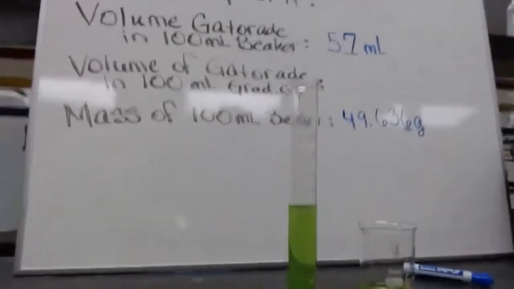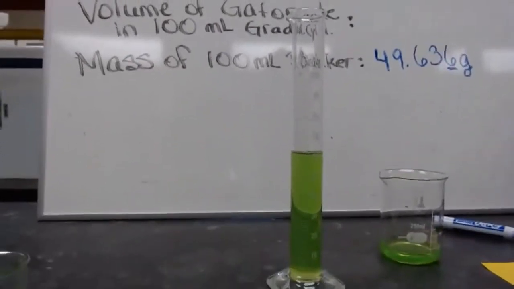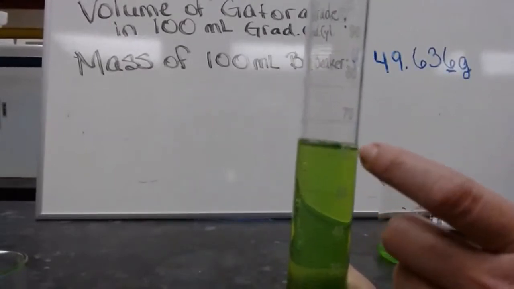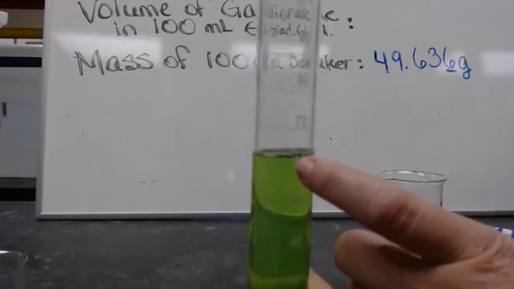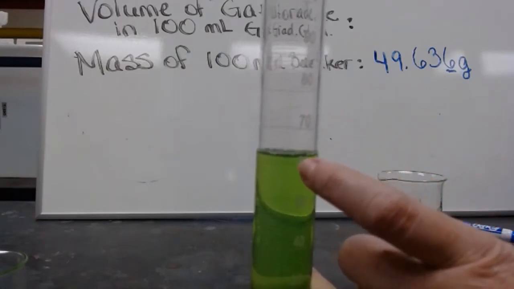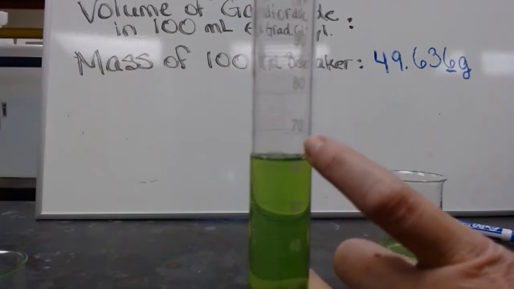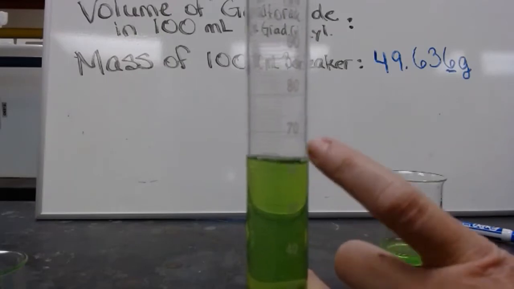So I'm going to look at the lines. And we can see that there's a 60 and a 70, and there are lines in between it. Every line means 1 milliliter. And so therefore, since the lines mean 1 milliliter, I will know that this volume is between 60 and 70.